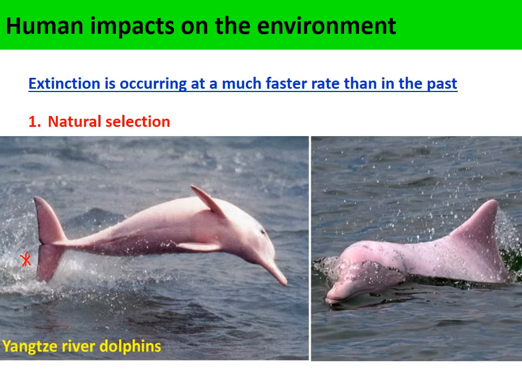Now, most of the dolphins ended up dying off because they were caught in fishing nets, they were poisoned by the industrial waste, some of the dolphins were caught up in the propellers of the ships, and so basically their numbers drastically reduced to the point that they became extinct.